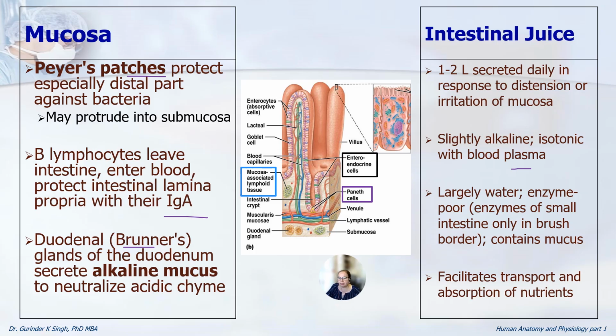There are very few enzymes, because most of the enzymes are present on the brush border. They are present in the membranes of these cells, so enzymes are not secreted out. Because the cells have a lot of microvilli, and on top of it we have villi, that helps to absorb material.